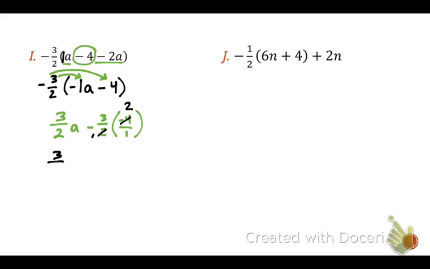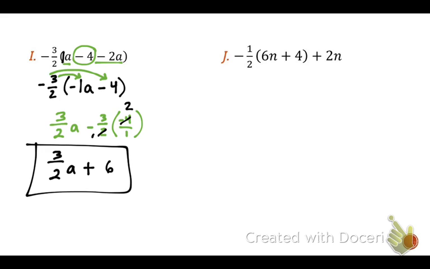I have 3/2 A. Now as I'm looking at this part right here, I have a negative times a negative. My answer is going to be positive, so let's bring down a plus sign. And what is 3/1 times 2/1? 6 over 1, which just equals 6. All right, so even though we had a fraction, you can still do the steps the same exact way that we do it without a fraction.